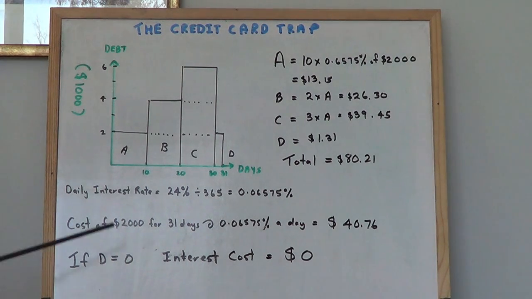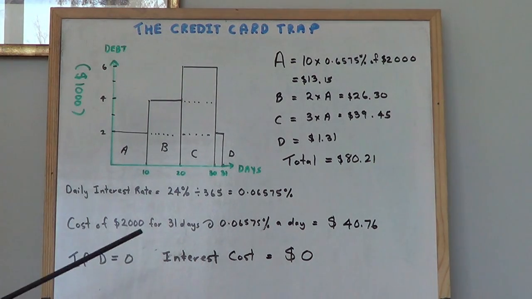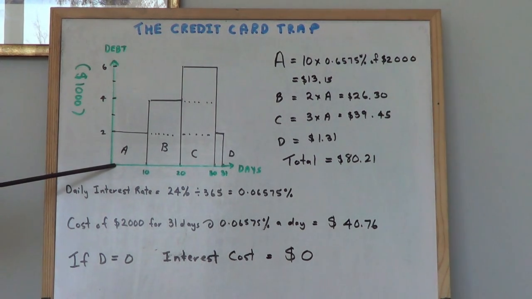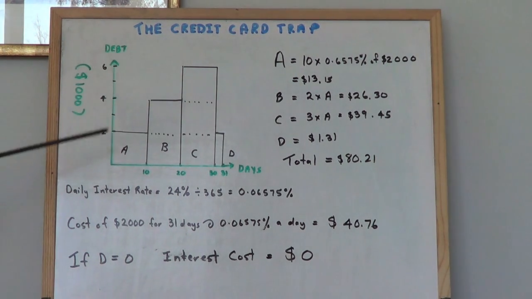Okay, this diagram relates to a credit card with a 31 day period. We've got a month which is 31 days long. At the very beginning, on day one, you spend $2,000 and nothing more, and then on day 11 you spend another $2,000, which takes your debt to $4,000.